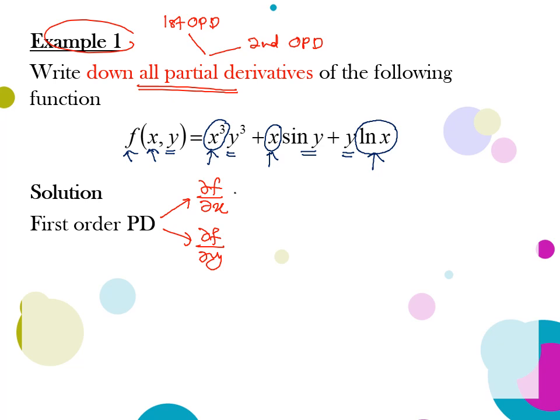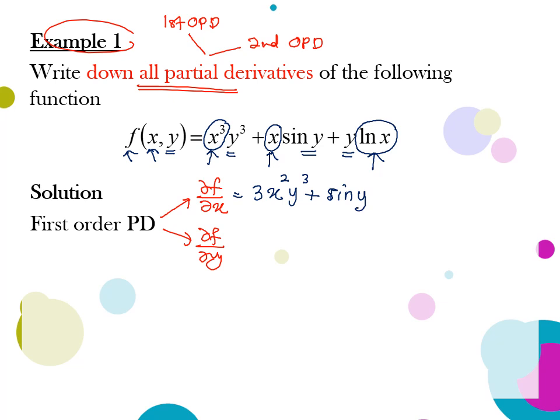Now what will happen to your function here is, differentiating x cubed, what will you get? You will get 3x squared, and you treat y as a constant, so it will stay. To the second term, differentiating x, you will get 1. So sin y will stay, and you will get sin y.